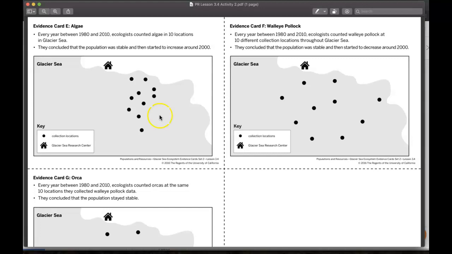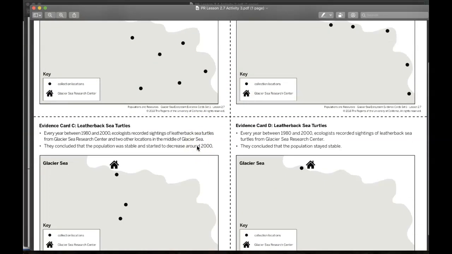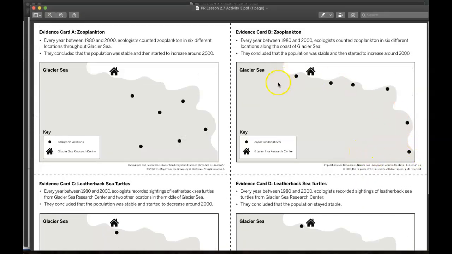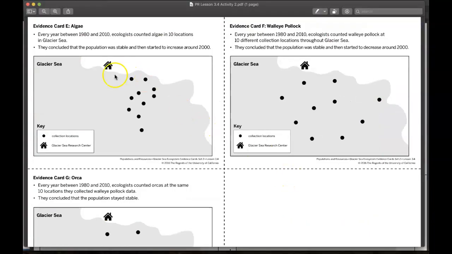I think that even though this is not spread out, it still covers 10 locations, and it still goes across the sea. If we go back to our other pieces of evidence, some of these were only 3 or 1 or were all on the shore. So comparing them to these cards, this doesn't look so bad considering it has 10. So I still would say that we should not be throwing it out.